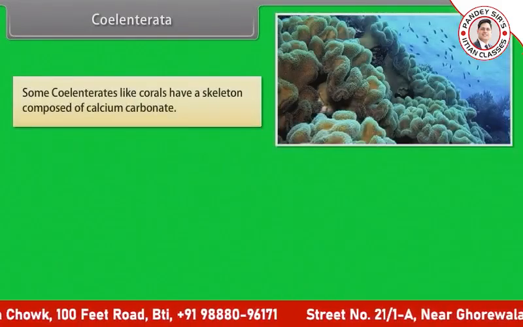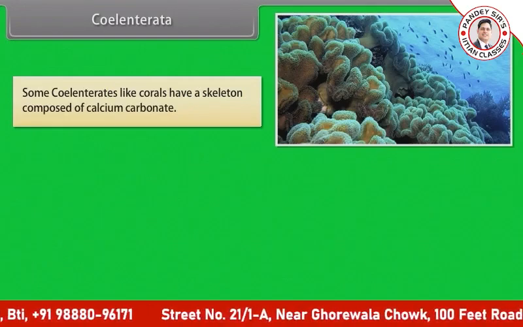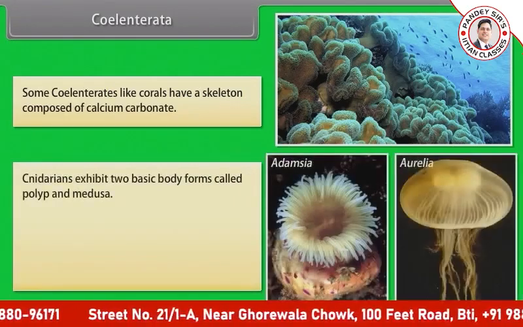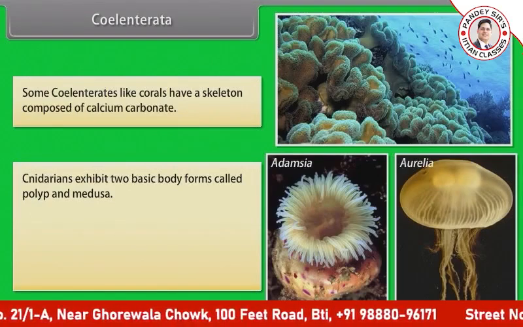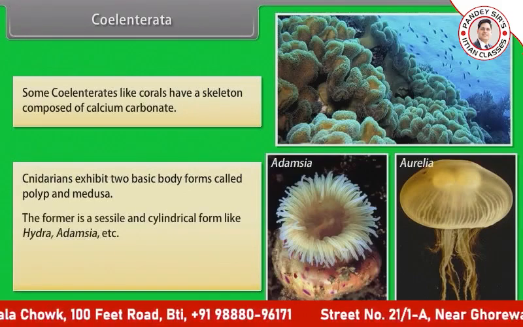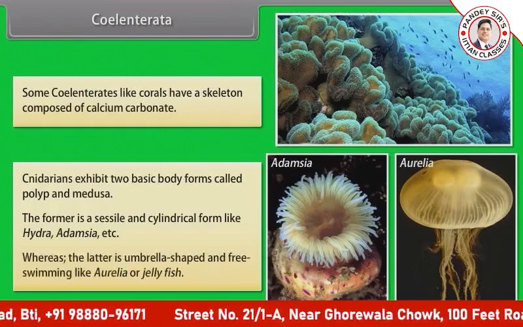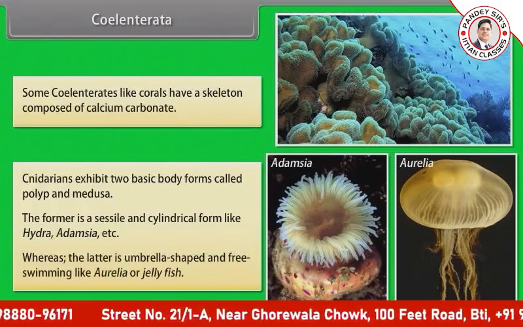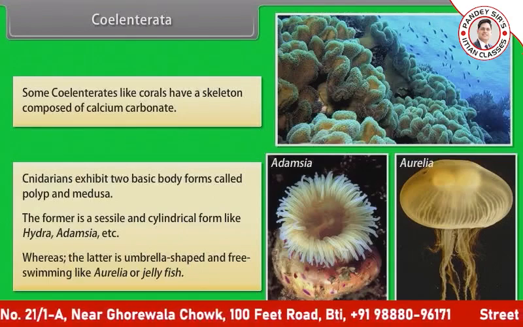Some coelenterates, like corals, have a skeleton composed of calcium carbonate. Cnidarians exhibit 2 basic body forms called polyp and medusa. The former is a sessile and cylindrical form like hydra, Adamsia, etc., whereas the latter is umbrella-shaped and free-swimming like Aurelia or jellyfish.